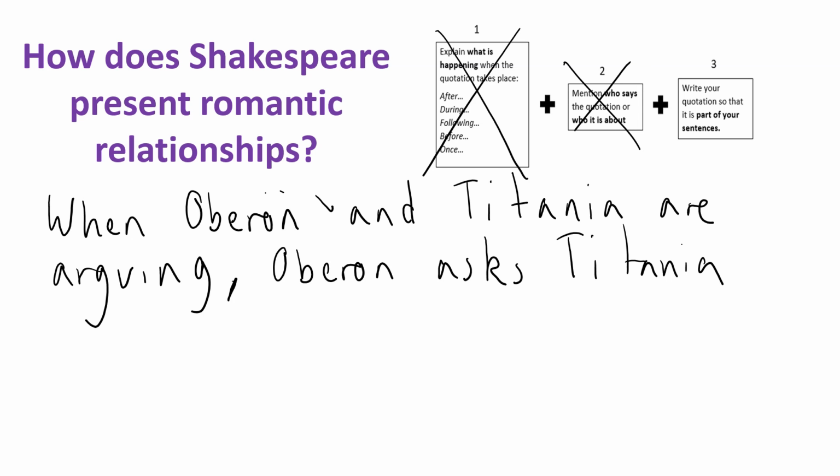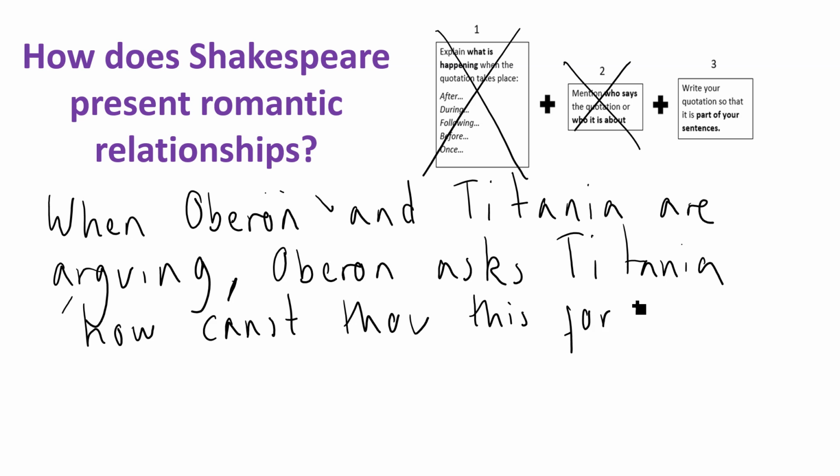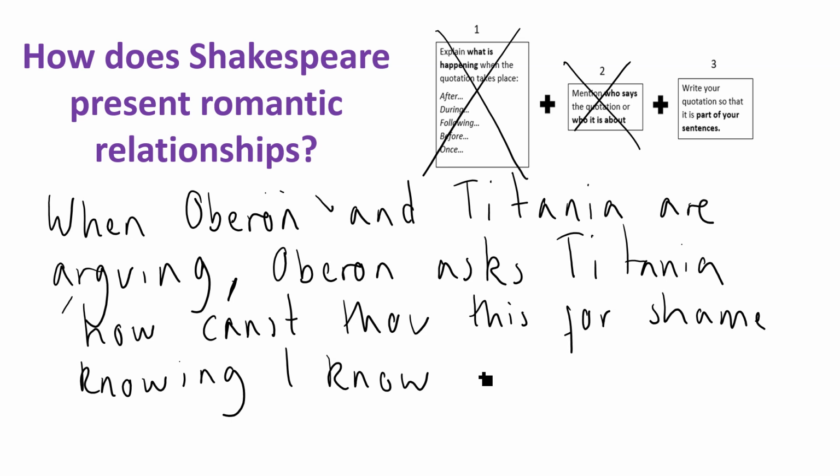Now I need to write my quote as part of my sentence. So my quote was, Oberon asks Titania, "How canst thou, and I'm copying it directly down so I don't make any spelling errors, how canst thou this for shame, knowing I know thy love for Theseus?"